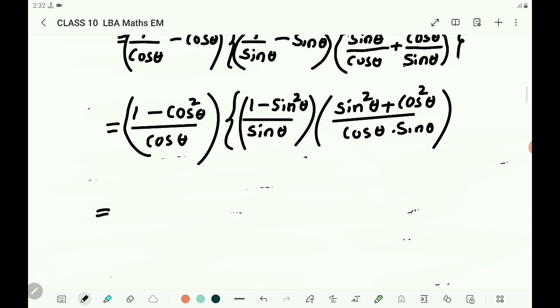Equals 1 minus cos square theta is sin square theta by, write this cos theta as cos theta only.